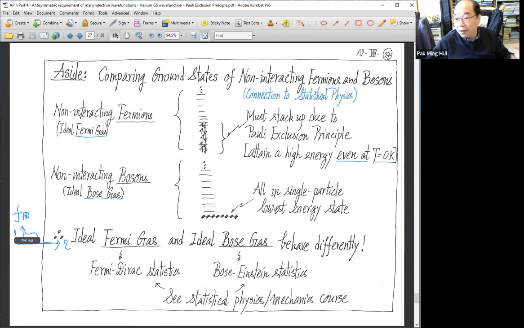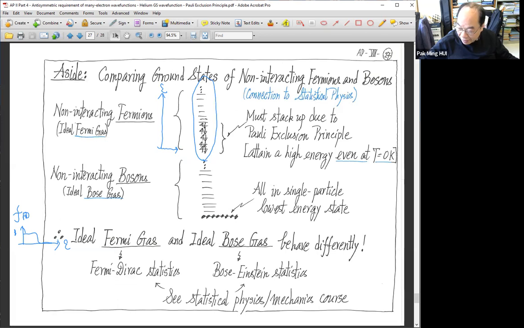What does it mean? The physical meaning of the Fermi-Dirac distribution is the probability that a single particle state is filled by one fermion. Now look at this. If I use this axis as energy, and this is whether it is filled or not, the probability that it is filled.